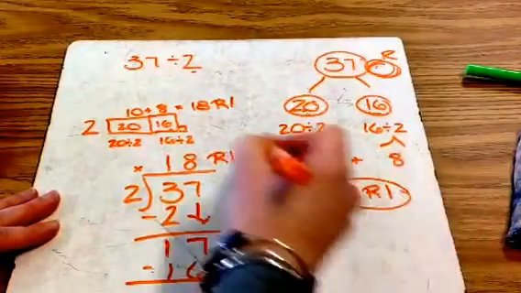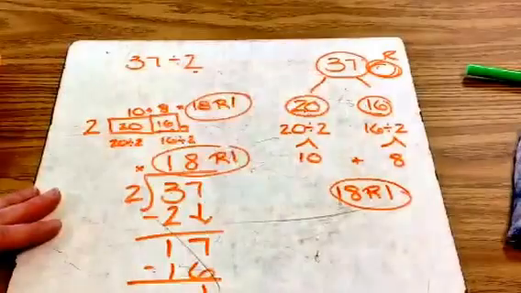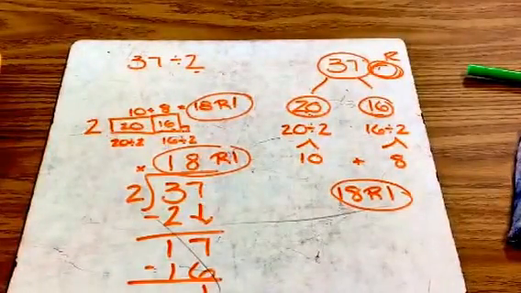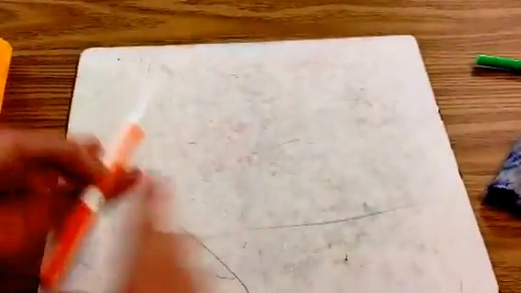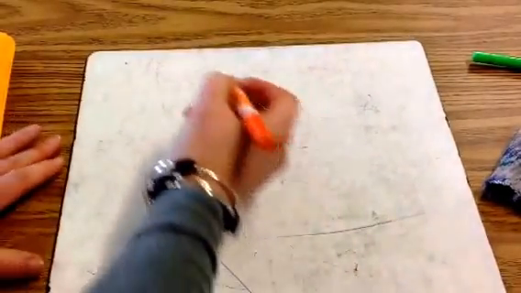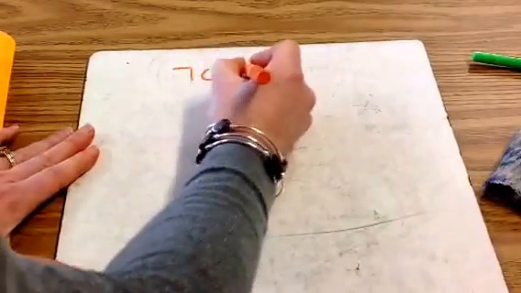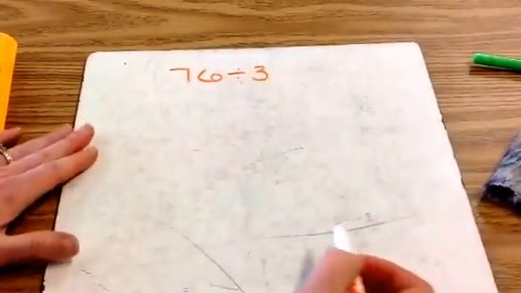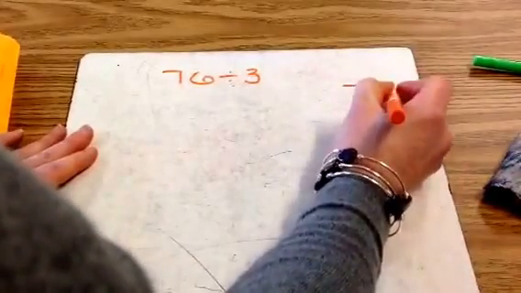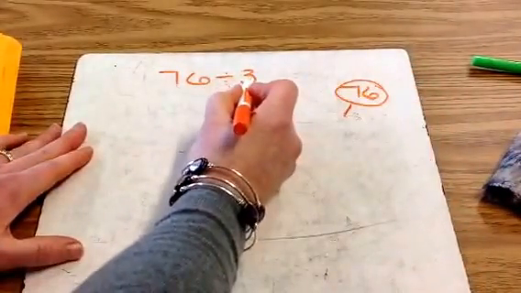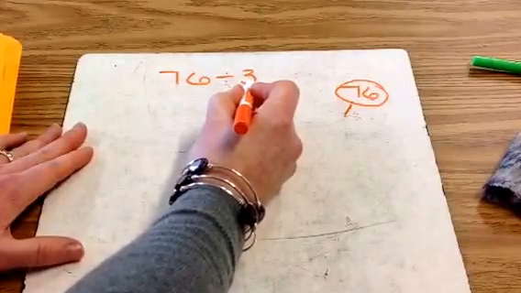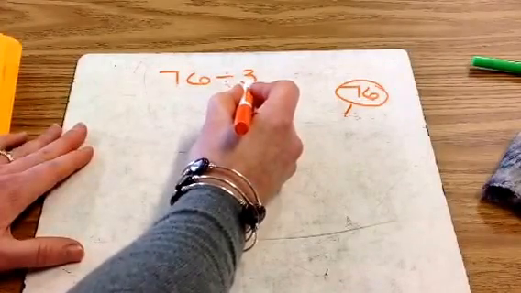You are seeing the same thing over and over again. I'm going to do it one more time for you, this time a little bit slower. And this time we're going to look at the problem 76 divided by 3. If I put 76 out here for my number bond, and I think to myself, 3 times 10, so we always go with tens, is 30.